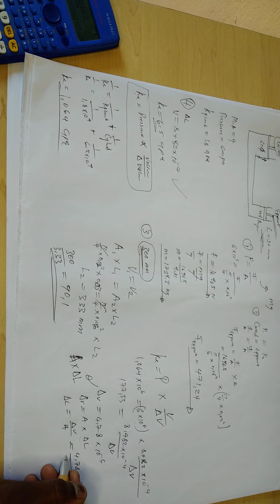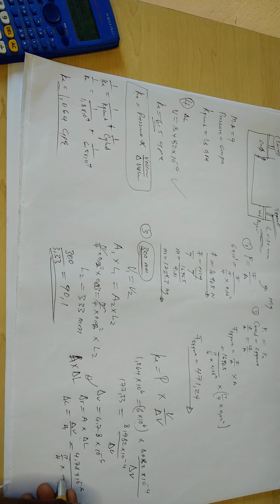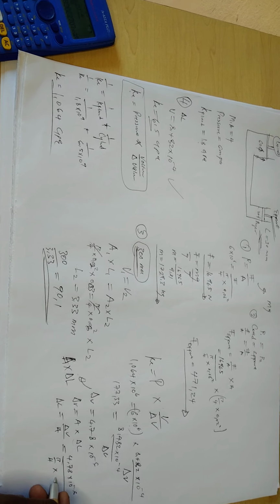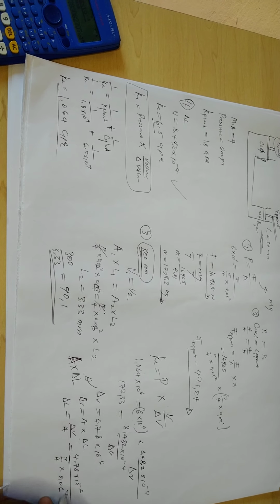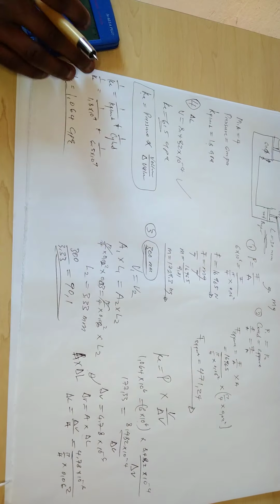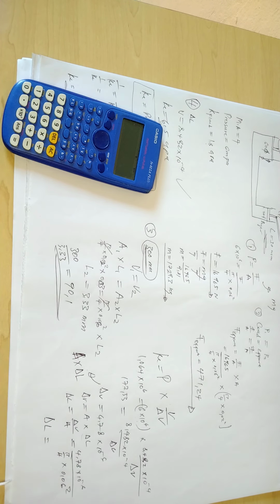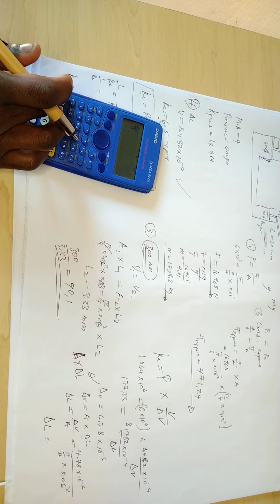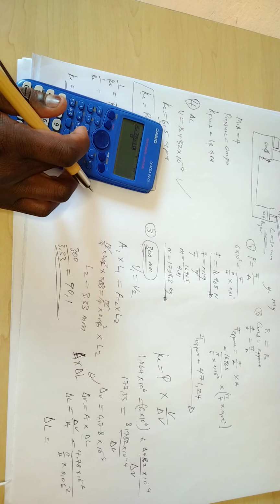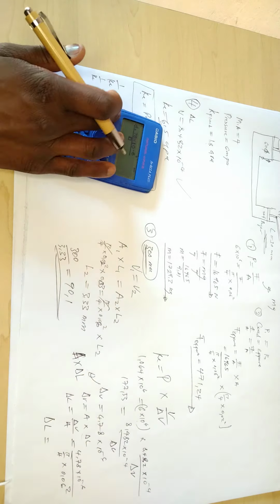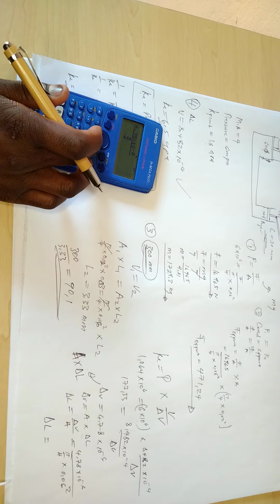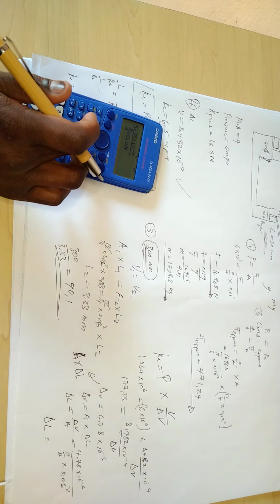Then I come to my area, I say pi over 4 times, what is our diameter? 0.06, remember, 0.06 squared, because it's happening here. Then our free play equals 4.78 times 10 to the power minus 6 divided by pi over 4 multiplied by 0.06 squared.